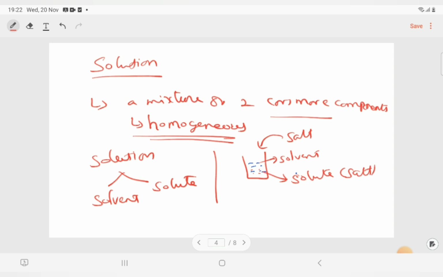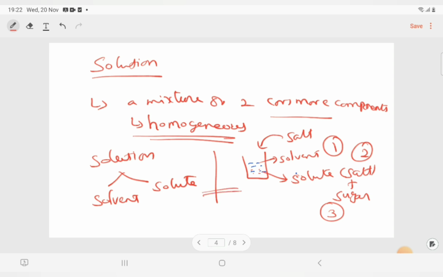In case I add a little bit of sugar also, it becomes tricomponent. Tricomponent means you have the first component of solvent, second component of salt, third component of sugar. Like that, you can add many other soluble items to a solvent to form solutions.